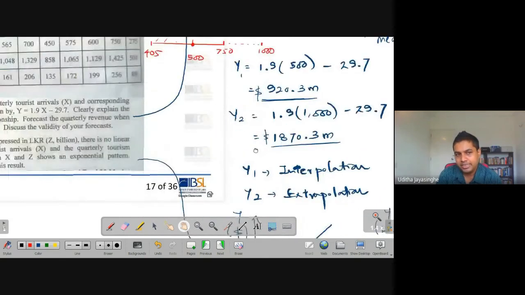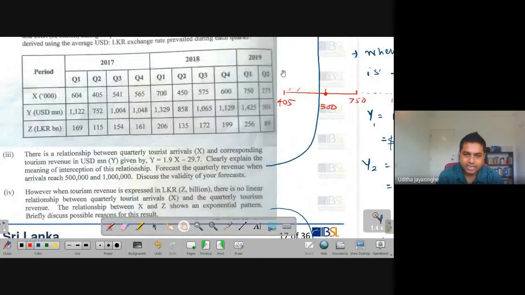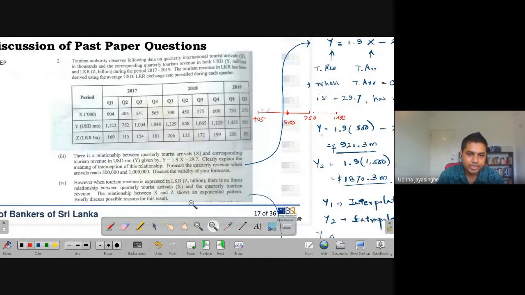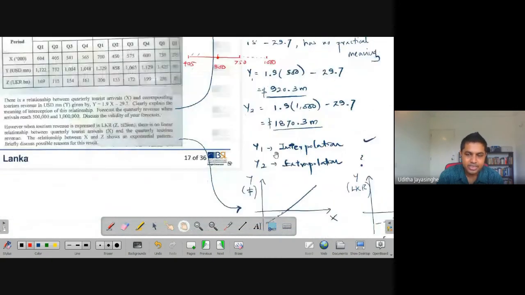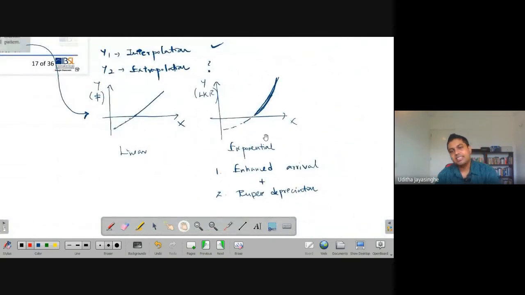What is the rupee depreciation? If you look into the rupee value from 2017, 2018, 2019, we know from historical movements that the rupee has historically depreciated against the US dollar. So that's why you see an exponential movement of both these arrivals when you're looking into the LKR terms, not the dollar terms.